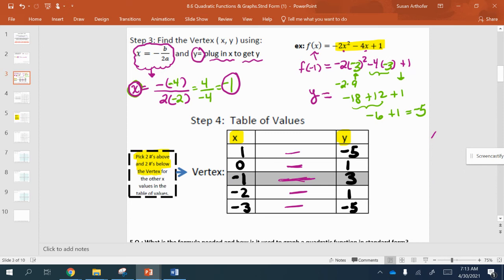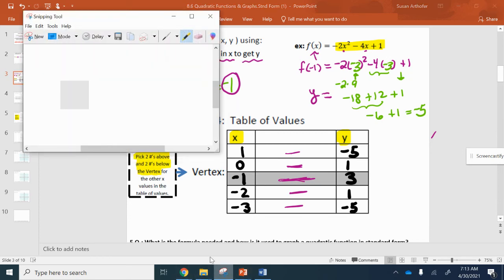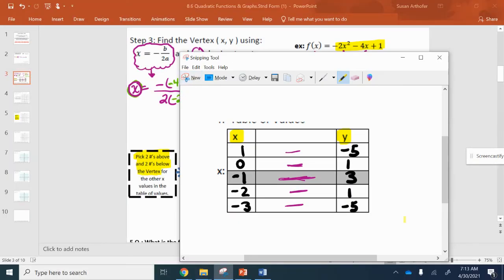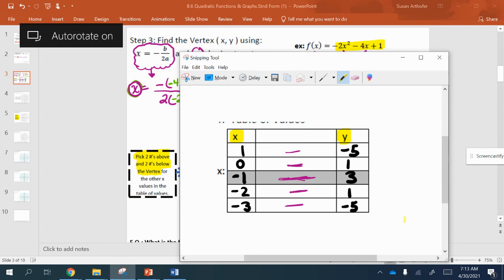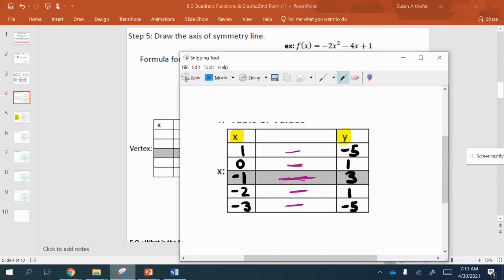I'm going to need to take a picture of that, I think, for the next page. So let me grab that really fast, just in case I need that information. So I think I will. Okay, let's move on to the next slide. Okay, so we had 1 to negative 3.